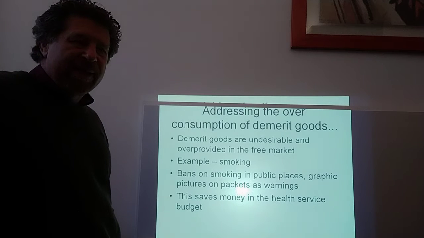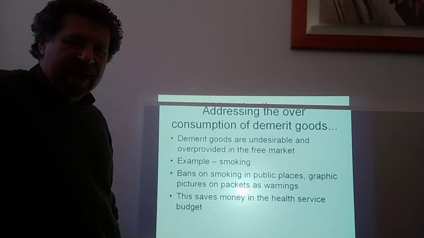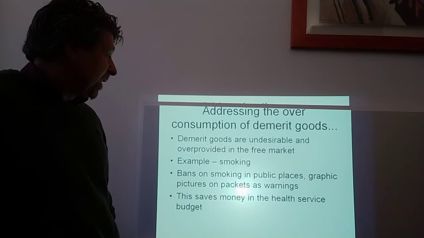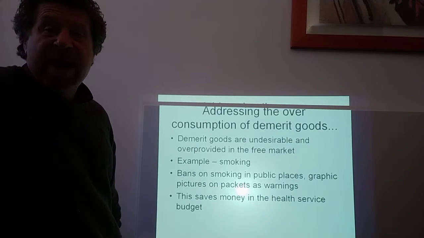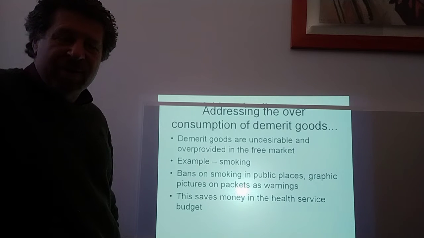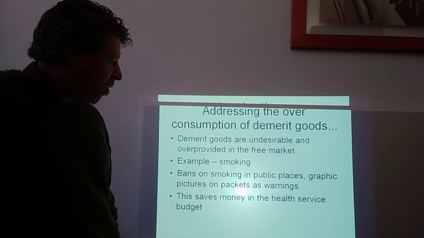Also, they need to do something about the consumption of demerit goods, okay? Because these are overproduced. For example, smoking. If people smoke a lot, we end up spending a lot of money on health to save them from cancer or from other injuries they've caused.